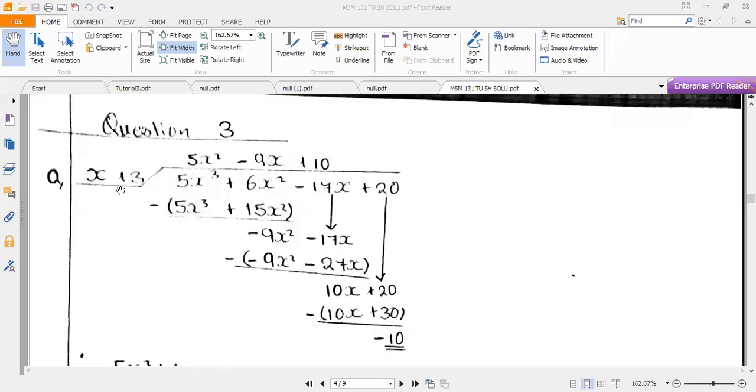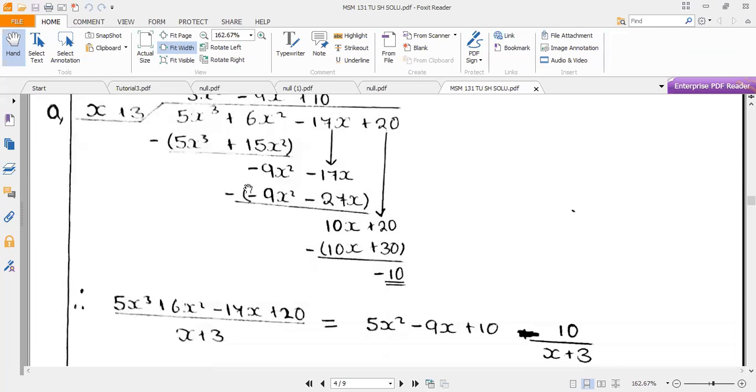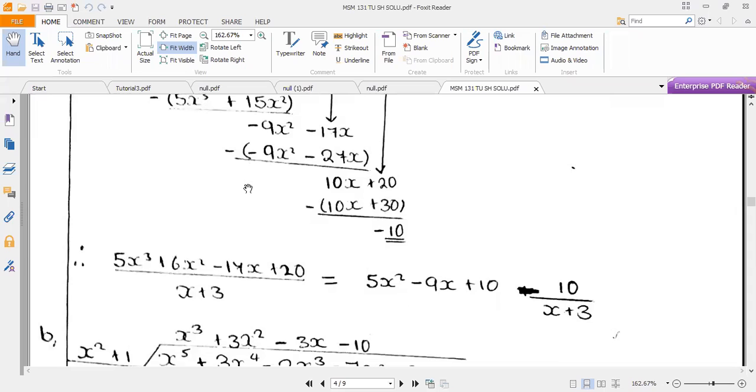So x plus 3 divided into 5x to the 3 plus 6x squared minus 17x plus 20 gives us 5x squared minus 9x plus 10 with a remainder of negative 10. Or you can simply put this as 5x squared minus 9x plus 10, then the remainder is negative 10 over x plus 3.